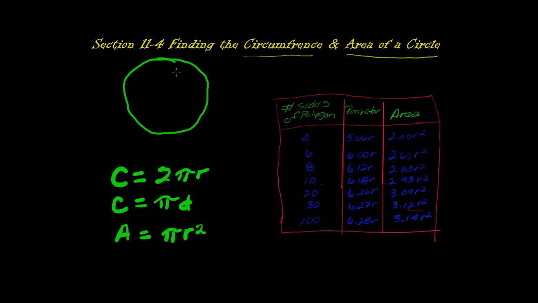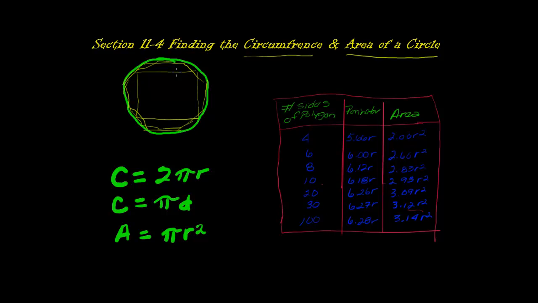Basically, the idea is that as we keep adding sides to regular polygons, we come closer and closer and closer to approximating the sides of a circle.